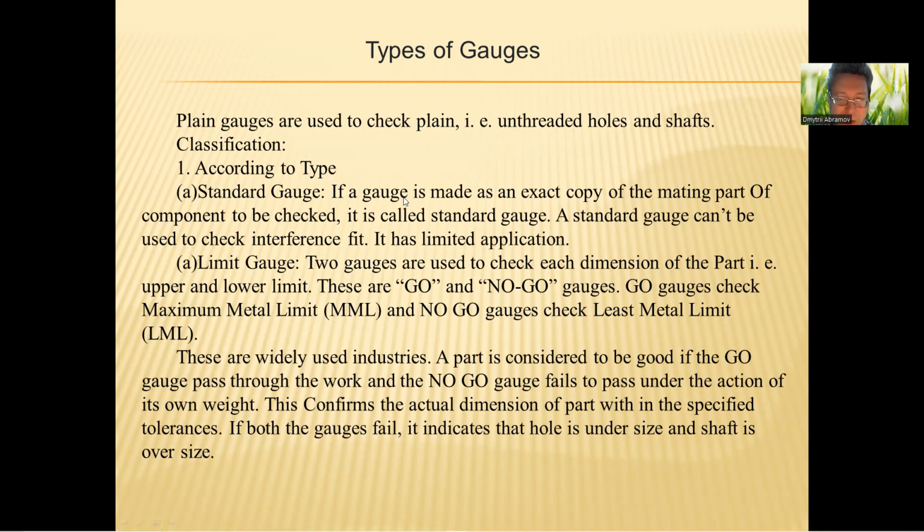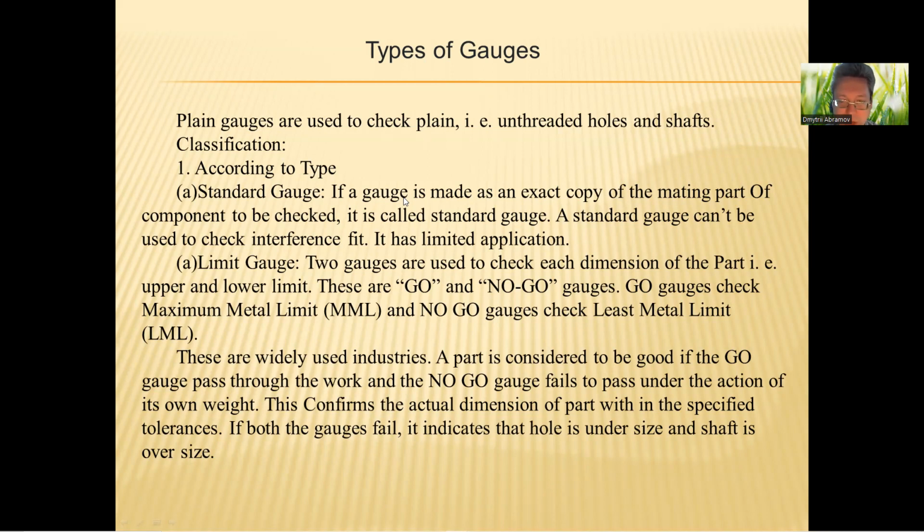We check each dimension of the part, its upper limit dimension and lower limit dimension of the part. These are go and no-go gauges, as you can see in the previous video.